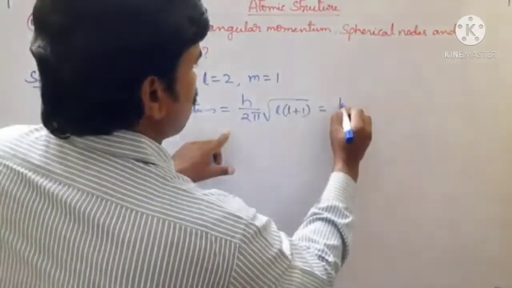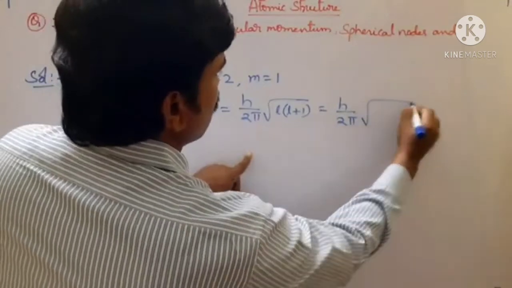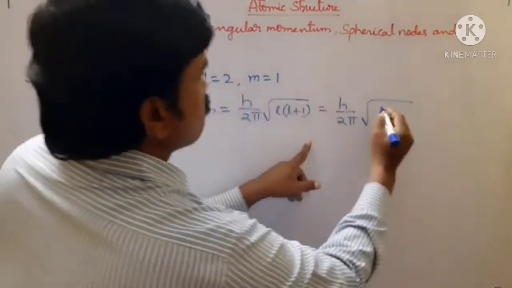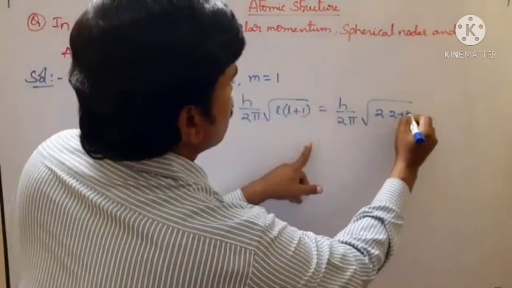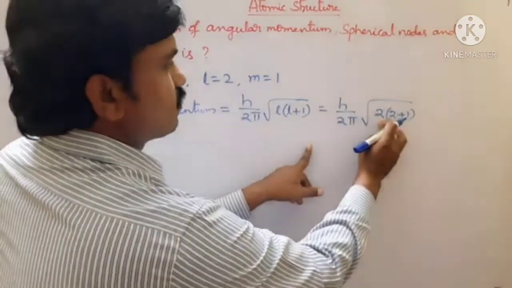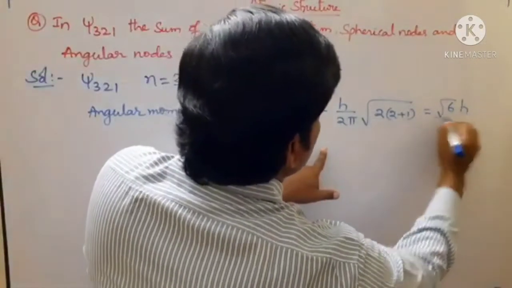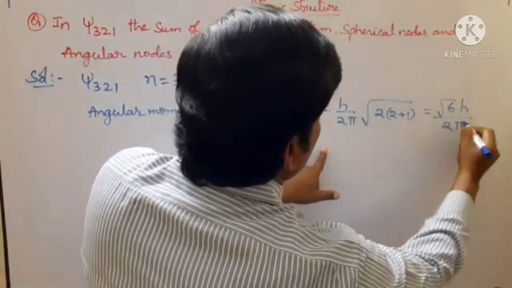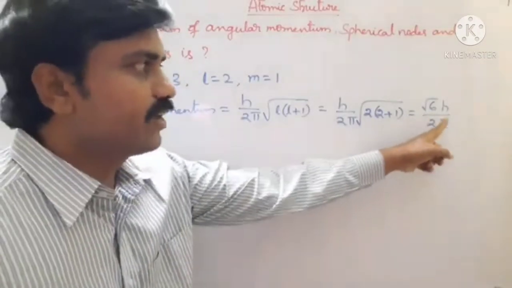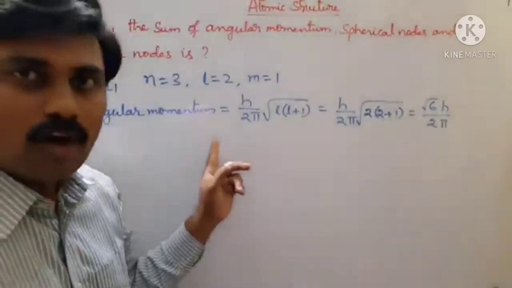It is equal to h by 2 pi into square root of l value. l value is 2. So 2 into 2 plus 1, 2 plus 1 is 3, 3 twos are 6. So it is equal to root 6 into h by 2 pi. So this is the angular momentum of an orbital.